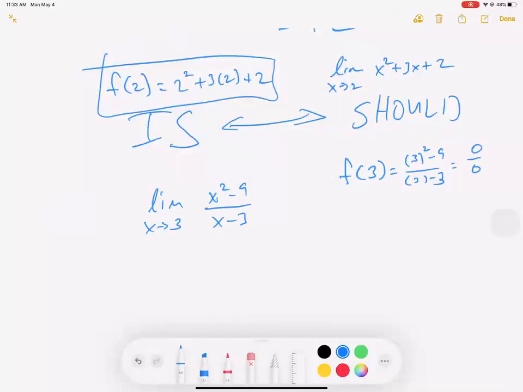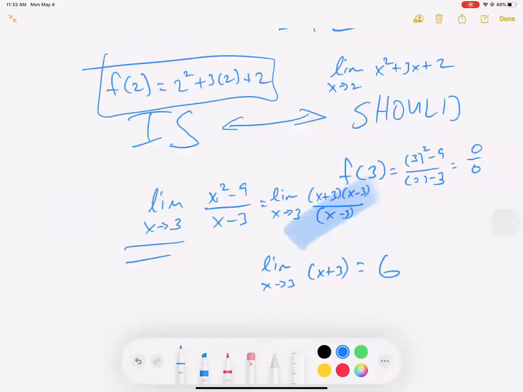But when I write limit, I say, what should it have been? I get it, it's 0 over 0. But what should it have been? x plus 3, x minus 3 over x minus 3. And limit says, hey, I get it, it was 0 over 0. It shouldn't have worked. But the limit should have looked like 6.